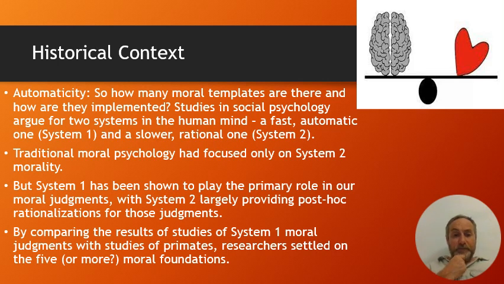They've also isolated the system one judgments in human subjects and compared those to behavior in primates, and you can see certain links and similarities. In that way, they settled on the five or possibly more moral foundations.